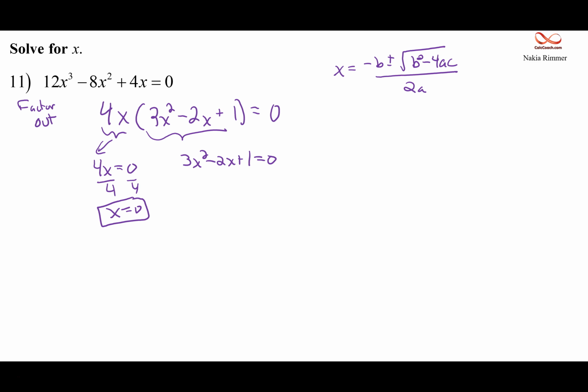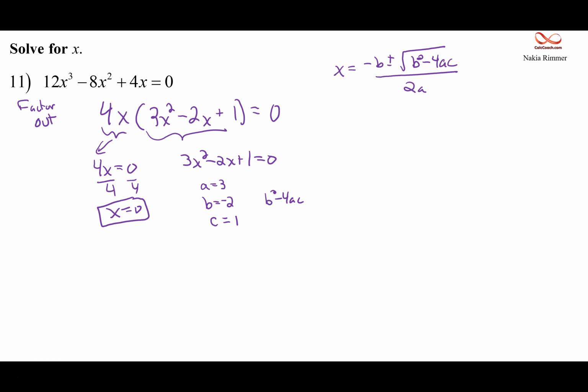For us, in this quadratic, the a is a 3, the b is a negative 2, and the c is a 1. I like to figure out what b squared minus 4ac is ahead of time. It lets me know what type of solution you have, whether it's imaginary, whether it's a repeated root, or whether it's two real roots.